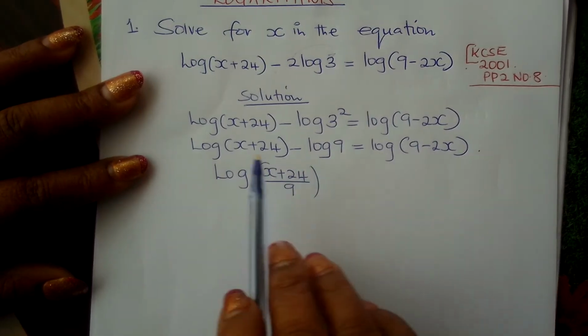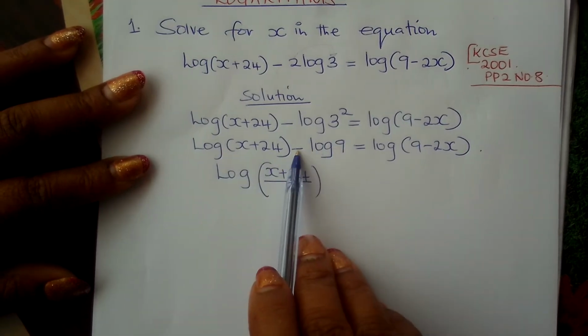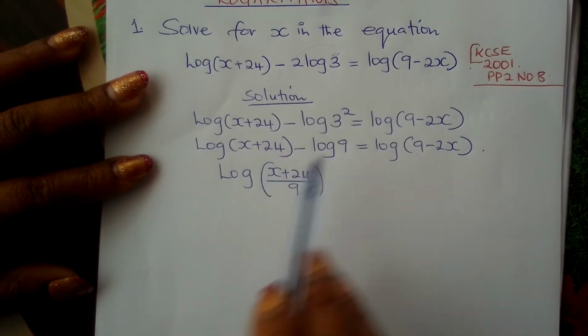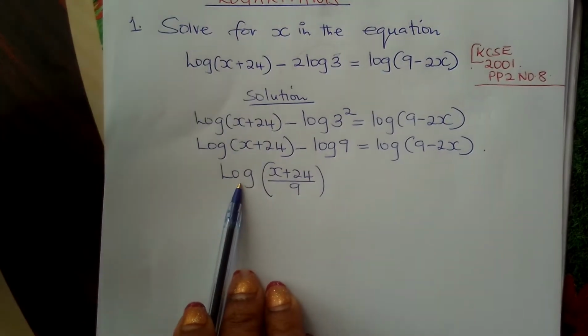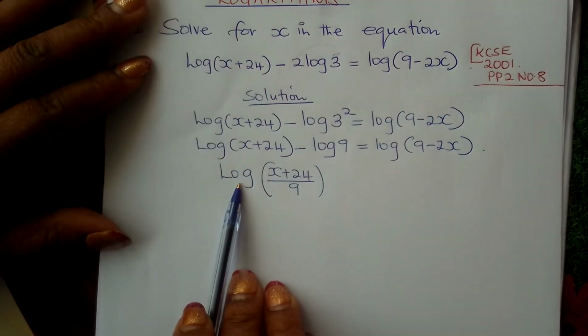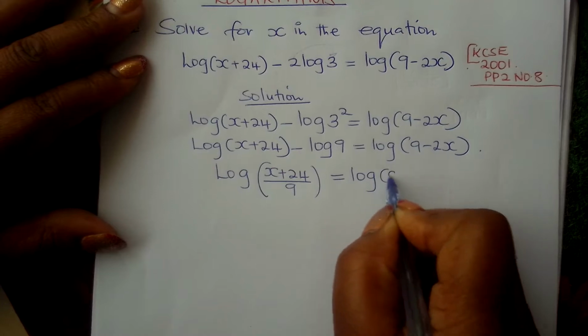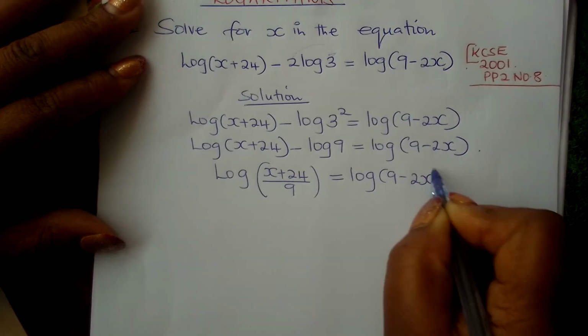If you have two logs and you're subtracting, you divide these terms, and you just write one log according to the laws of logarithms. And therefore this will be equal to log (9 minus 2x).